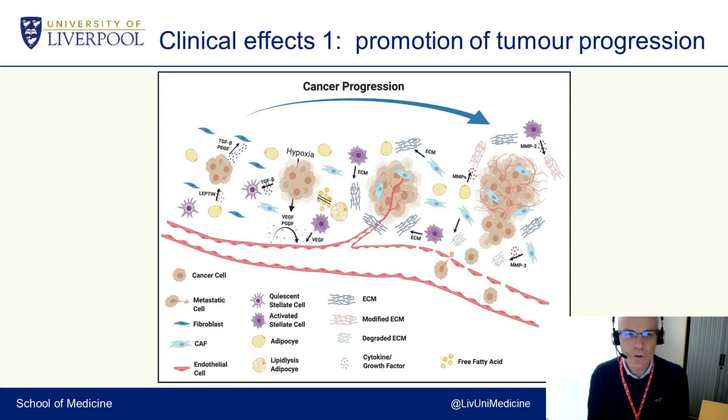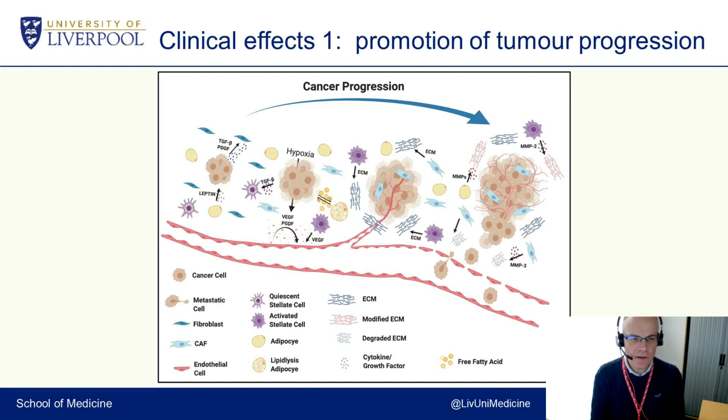So what about the clinical relevance overall of the tumour microenvironment? Well, there are two things. The first of these, which is no surprise given what I've talked about in the rest of the lecture, is that the tumour microenvironment is very important in the promotion of tumour progression.